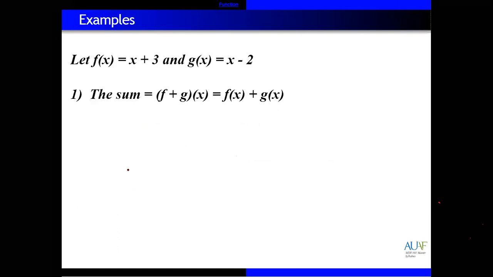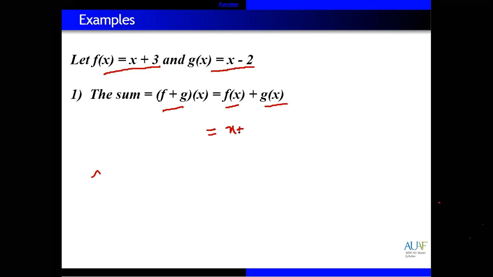We have two functions, f of x is equal to x plus 3, g of x is equal to x minus 2. One function is given, f of x is equal to x plus 3. Second function is given, g of x is equal to x minus 2. So how we can add? F plus g is equal to f of x plus g of x. So write down f of x.